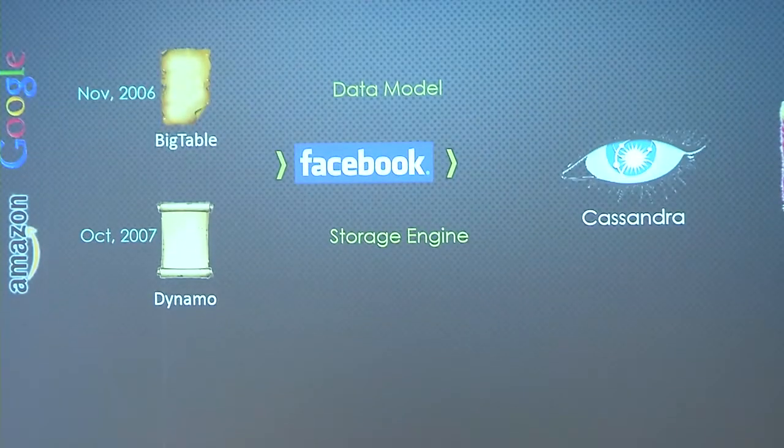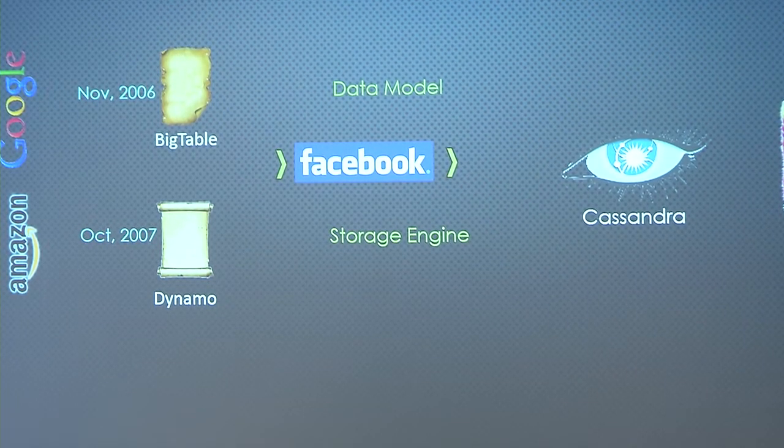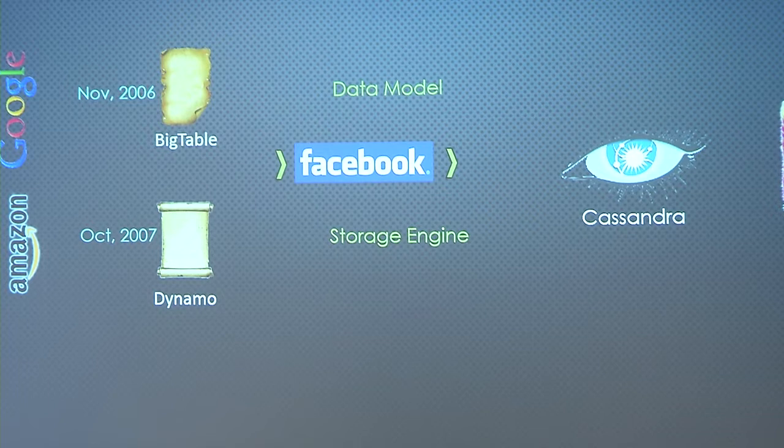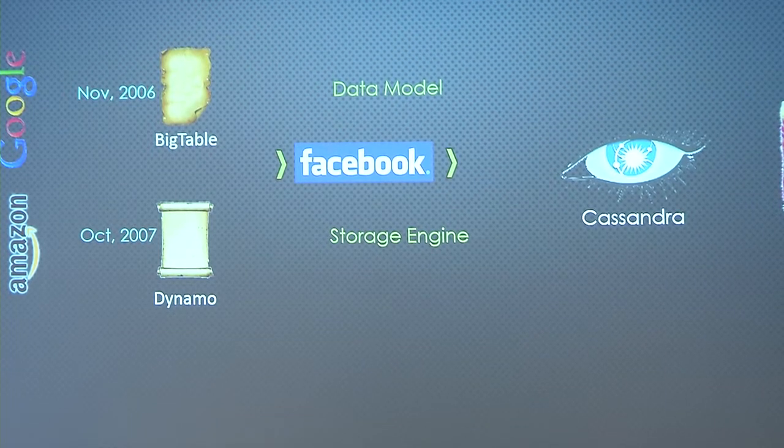A little bit of background. Cassandra's origins come from two white papers. In November 2006, Google published a white paper called Bigtable, and in October 2007, Amazon published Dynamo. Then I think a couple of years later, Facebook took the storage engine out of Dynamo and married it to the data model of Bigtable for their inbox search application, and they open sourced the Cassandra database and put it into Apache.